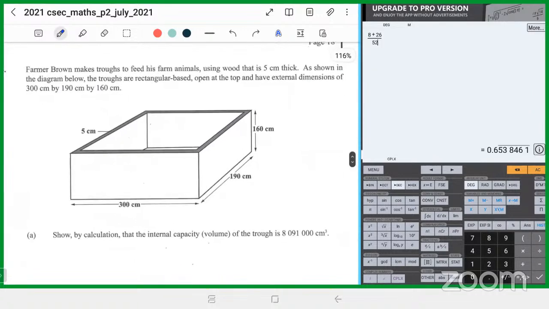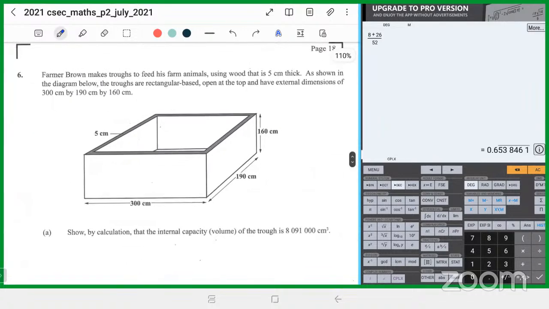Number 6 right here. Measurements. It says, Farmer Brown makes troughs to feed his farm animals using wood that is 5 centimeters thick. See the thickness up here, the shaded thickness is 5 centimeters thick.